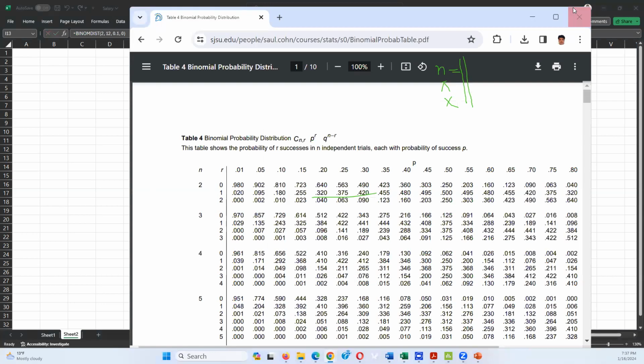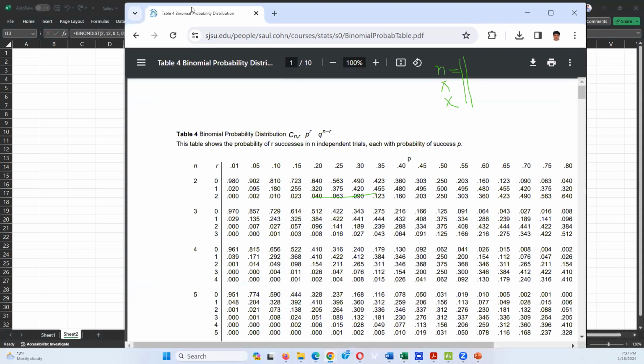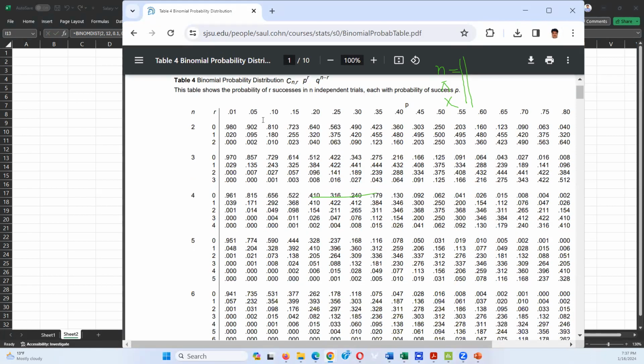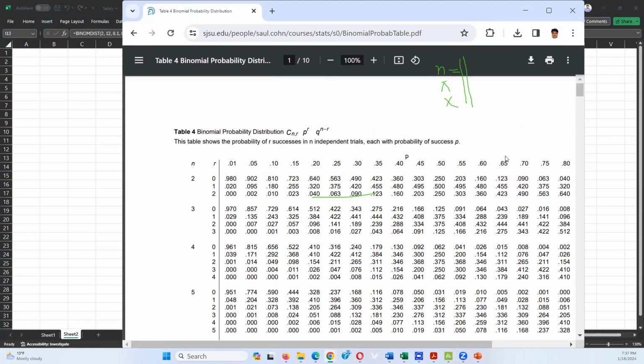Binomial distribution. Can you see my table? This is the old age time, like Stone Age time, when I used to do these things by this reference table. So look into that. This is probability: 0.01, 0.05, 10%, 15%, 20%.